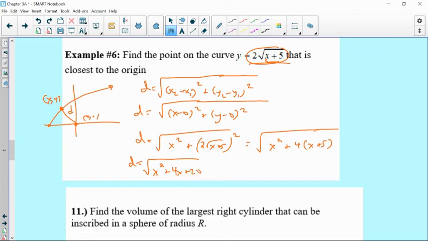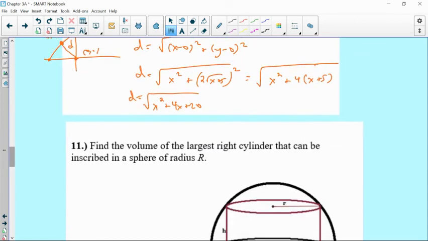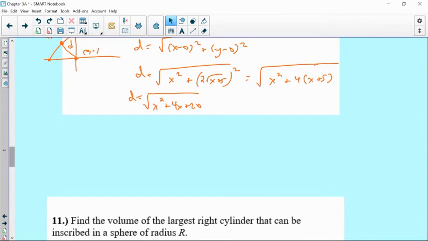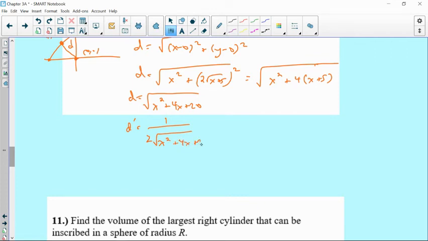Now, that represents all possible distances. We want the minimum one, so we take the derivative. So then, I might need to slide this down a little bit so I have some more space. So d prime is equal to, remember, the square root's derivative is 1/2 times that root of x squared plus 4x plus 20, and then times the chain rule, the derivative of the inner function, which would be 2x plus 4.